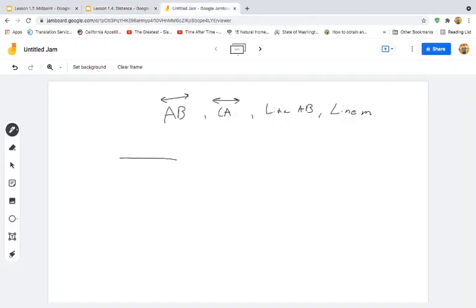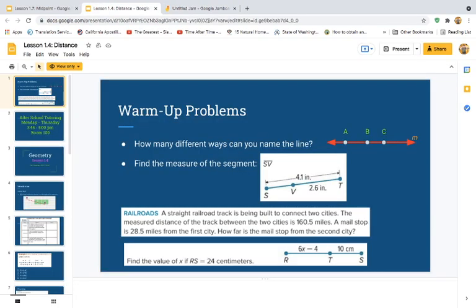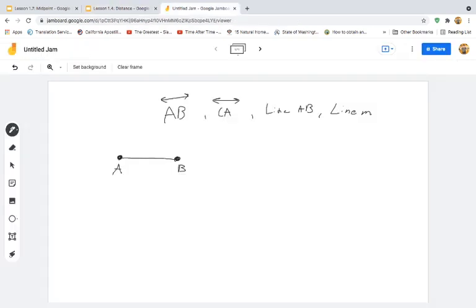All right, we'll call this one over here City A, and this one over here City B. The measured distance of the track between the two cities is 160.5 miles. Okay, so the measured distance between both cities, A and B, in total is going to be 160.5 miles. All right.